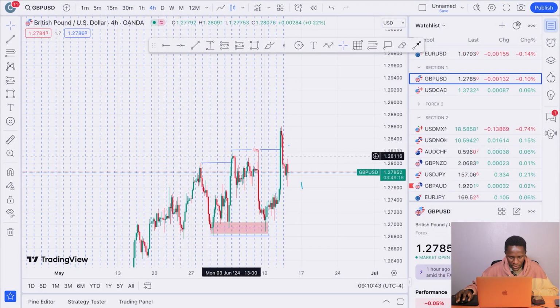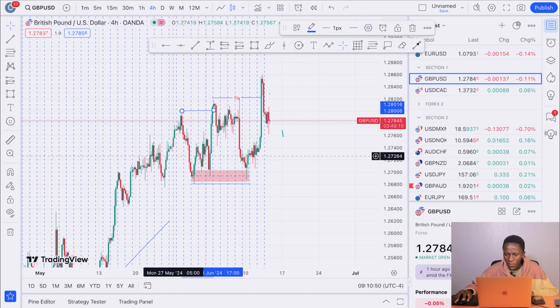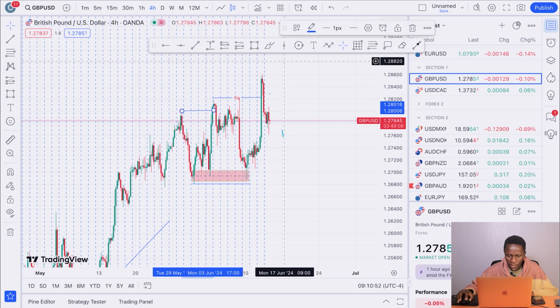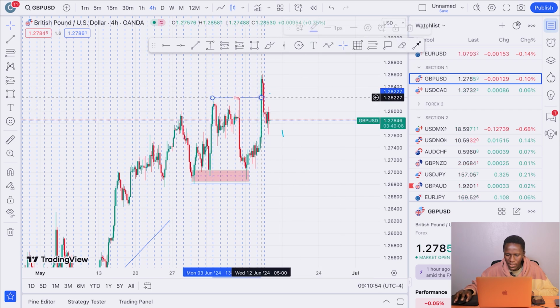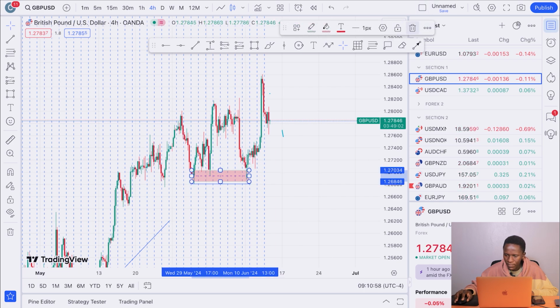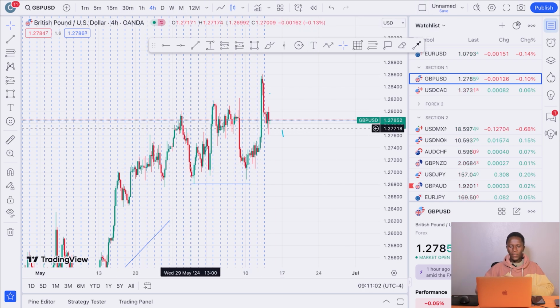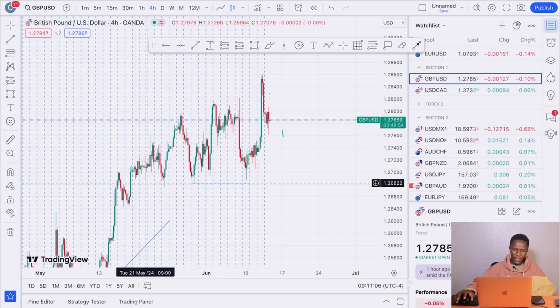So in today's session, we shall start with the GBP USD. Let me first clear all this. Then with the GBP USD, we are going to map the structure together. And what do we do, or how do we start?